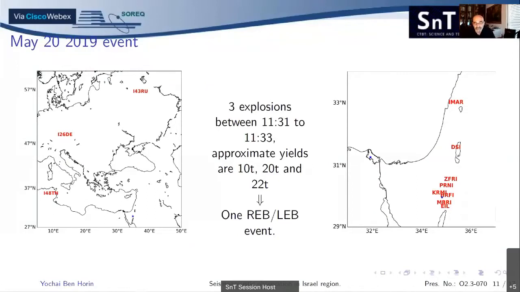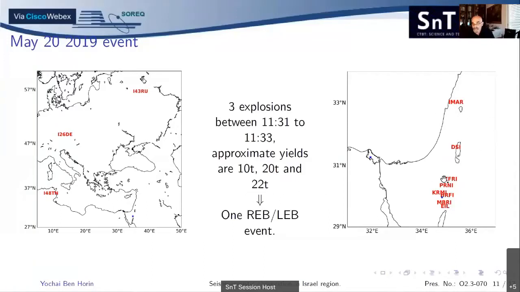So I will go a little deeper with one example. If we look at the May 2019 event, an event was reported by REB and LAB, and there were 3 seismic explosions between 11:31 and 11:33 with yields of 10 ton, 20 ton, and 22 ton.